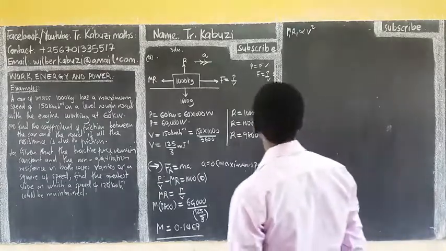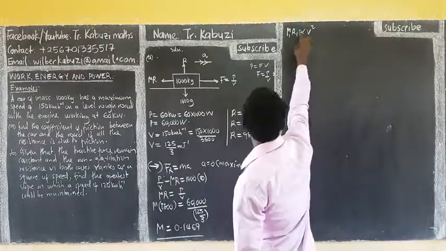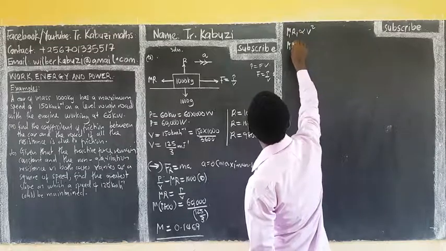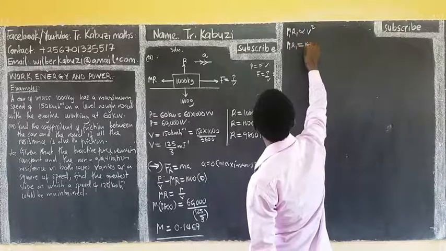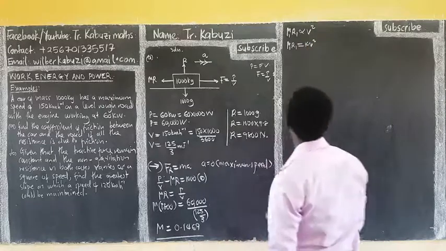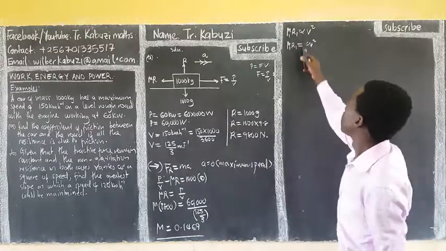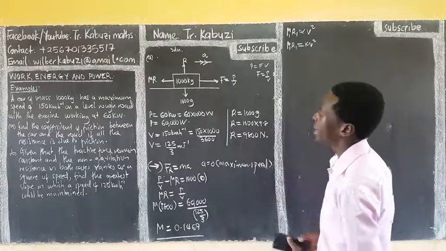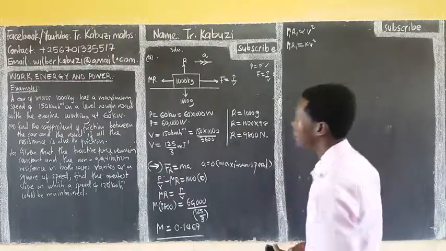So from there, to remove the proportionality sign, we introduce a proportionality constant, so this is going to be mu 1 R1 equal to K V squared. Hope you know how to remove the proportionality sign.